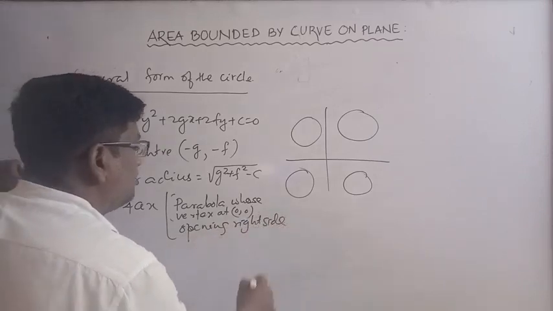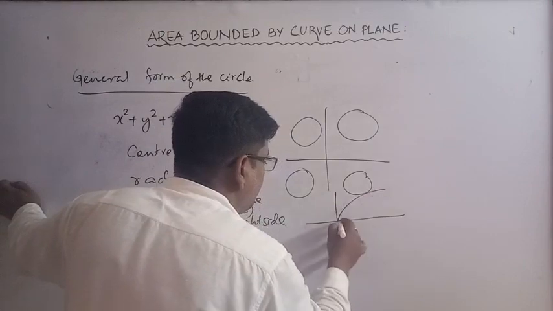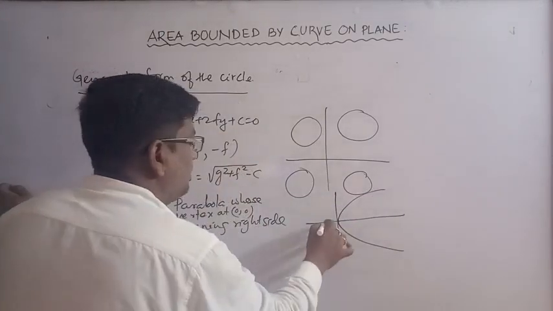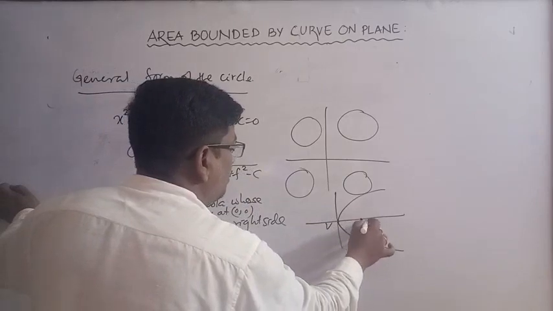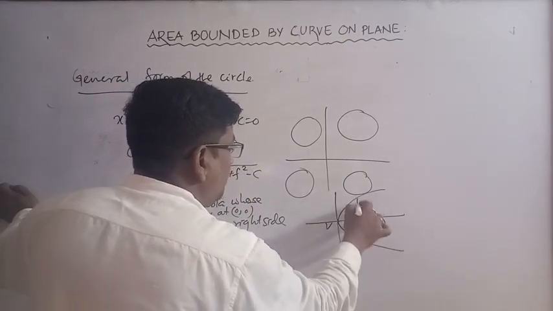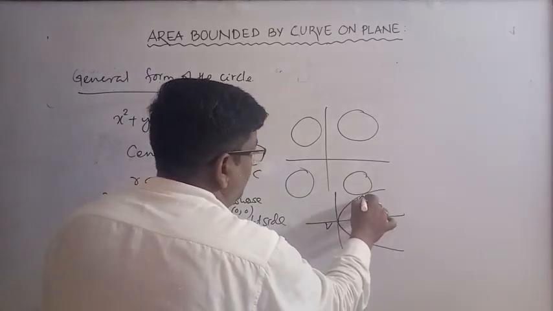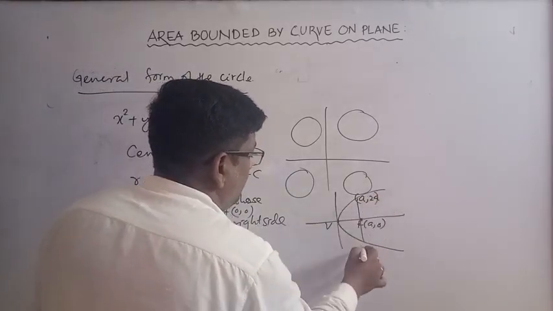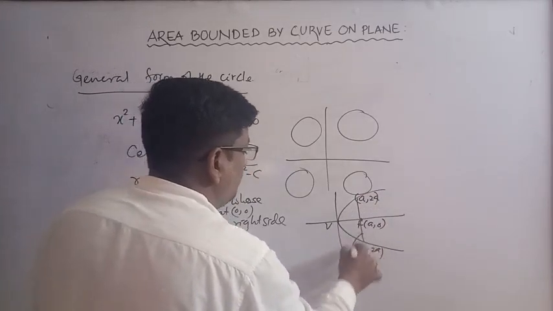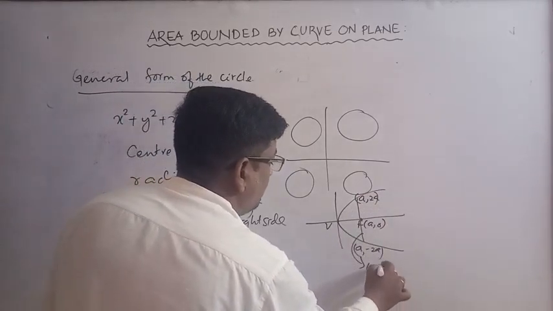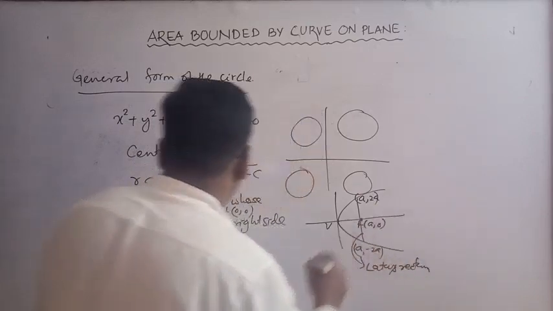So its graph is like this. This is the graph of the parabola, this is vertex B, this is focus (a, 0), and this is the latus rectum, with end points (a, 2a) and (a, minus 2a).